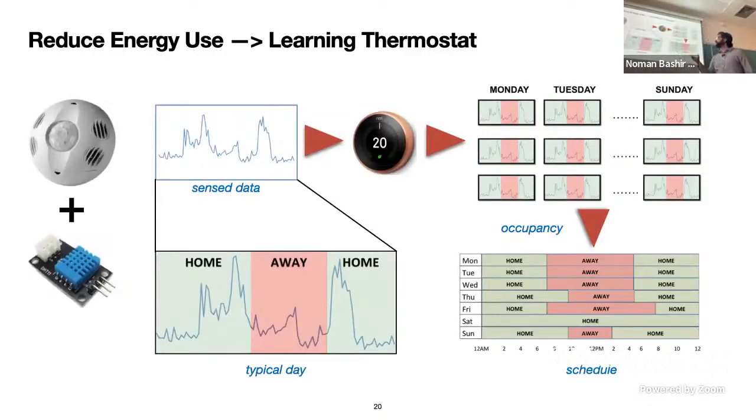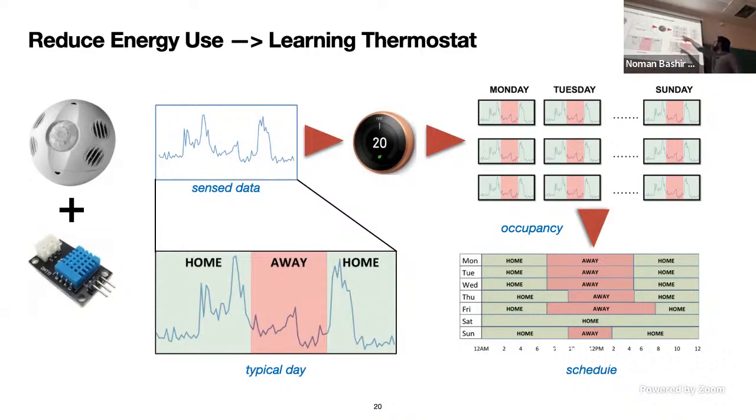An example could be that you have this occupancy sensor at the right, and then some kind of smart microcontroller. It senses that data, and the occupancy sensor is also feeding this to a Nest or smart thermostat control. Based on this, you can say that this is an away period.